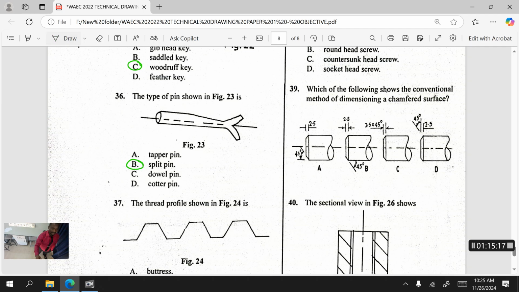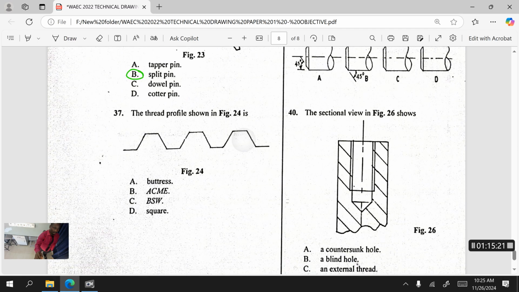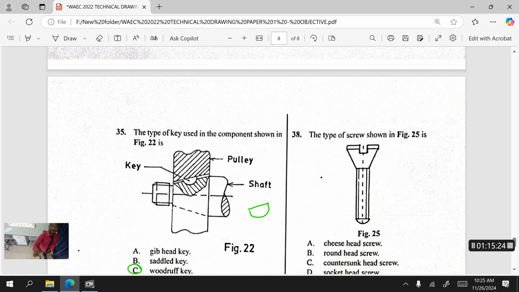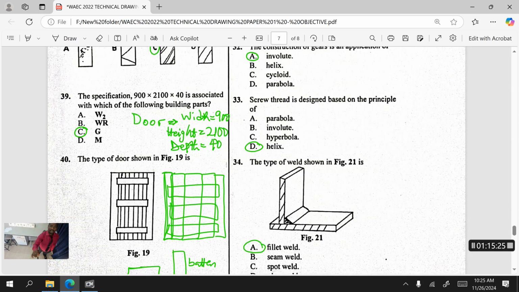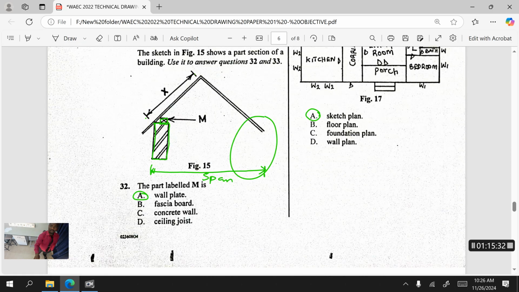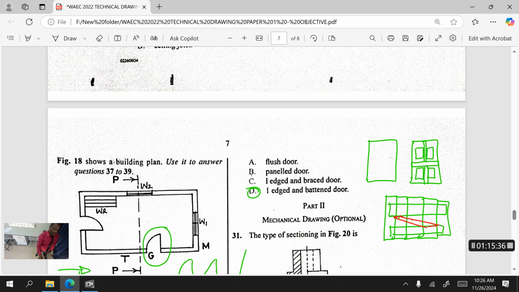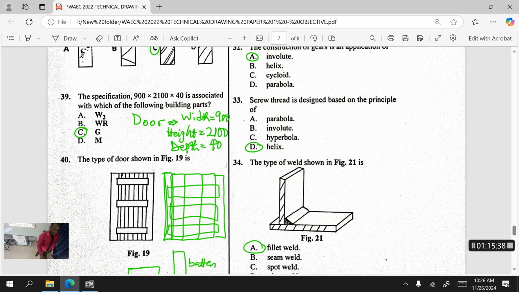37. No, that's not a split pin. That's a taper pin.